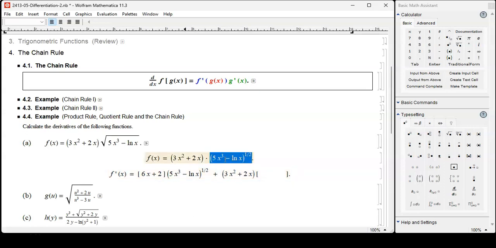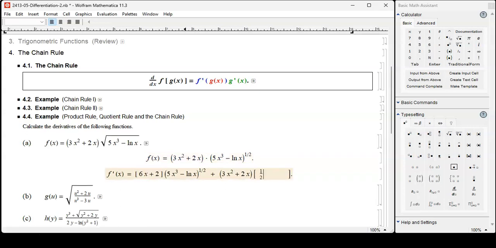Now derivative of the second function, oh, that's going to be a chain rule. We have a composite function. So here we use a chain rule. 1/2 and subtract 1 from the power. And then step 2, inside never changes. And then step 3, finally, we multiply the derivative of the inside.